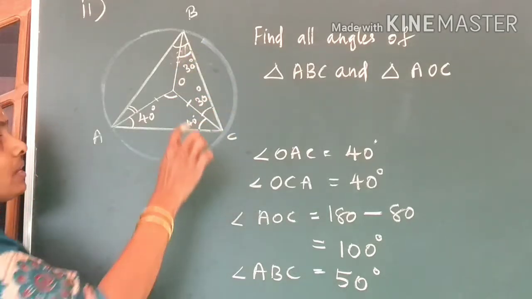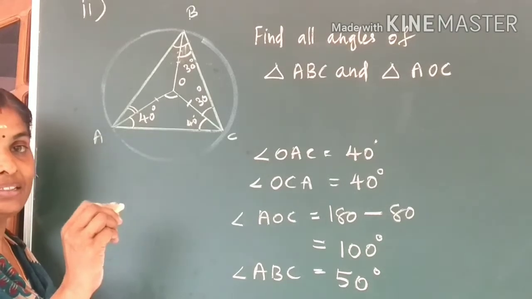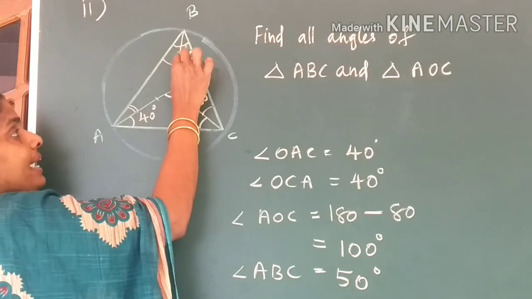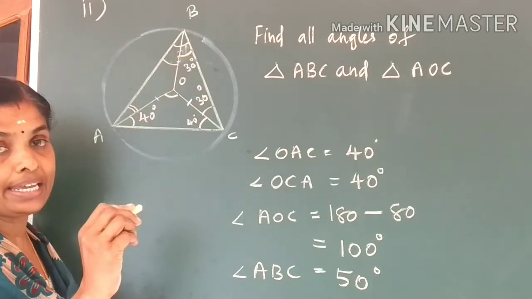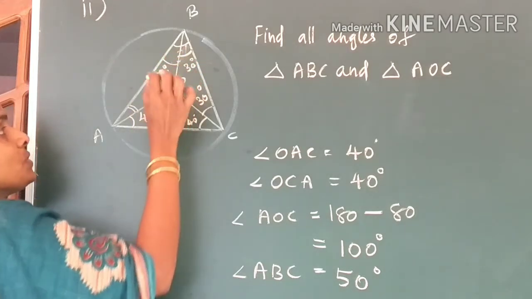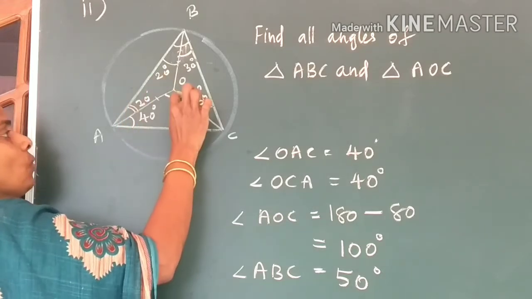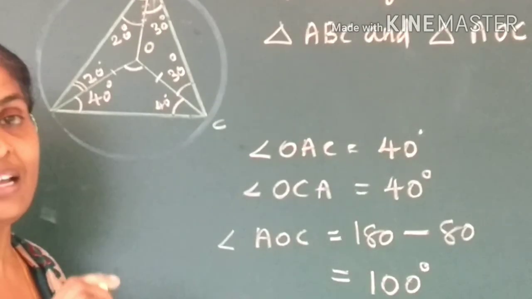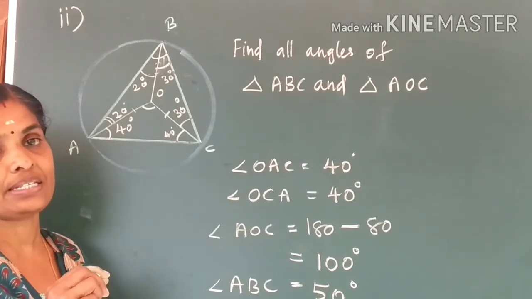It is because OC and OB are the radii. They are equal. So what is the remaining angle here? We know the angle formed here was 50 degree. So 50 minus 30 gives you 20 degree. So we can write angle OAB to be also equal to 20 degree. We are using the idea of isosceles triangles.